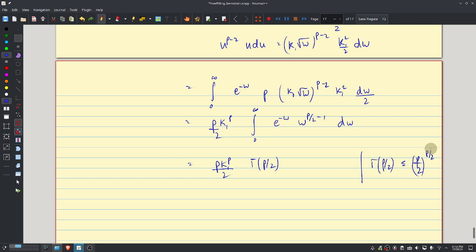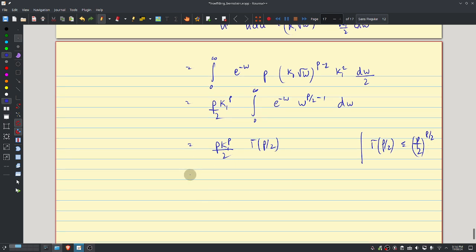I'll just take p by 2. I'm happy with this. So this is less than or equal to p by 2 times k1 raised to p times p by 2 whole raised to p by 2, which is k1 raised to p times p by 2 whole raised to p by 2 plus 1.